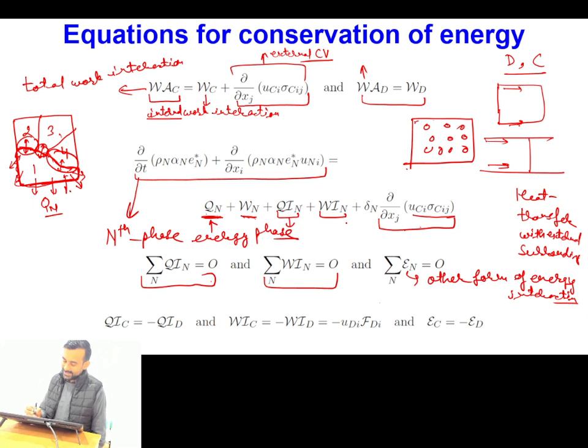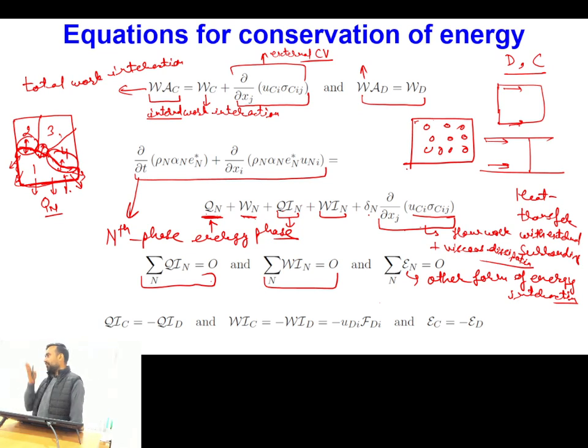Okay, and delta n into del by del xj of u cj into sigma cij. This will include two components. One will be flow work and the other will be viscous dissipation, and these two will be coming into picture only at the boundaries of the control volume. Okay, and we had made the assumption that at the boundaries of control volume only continuous phase is present.